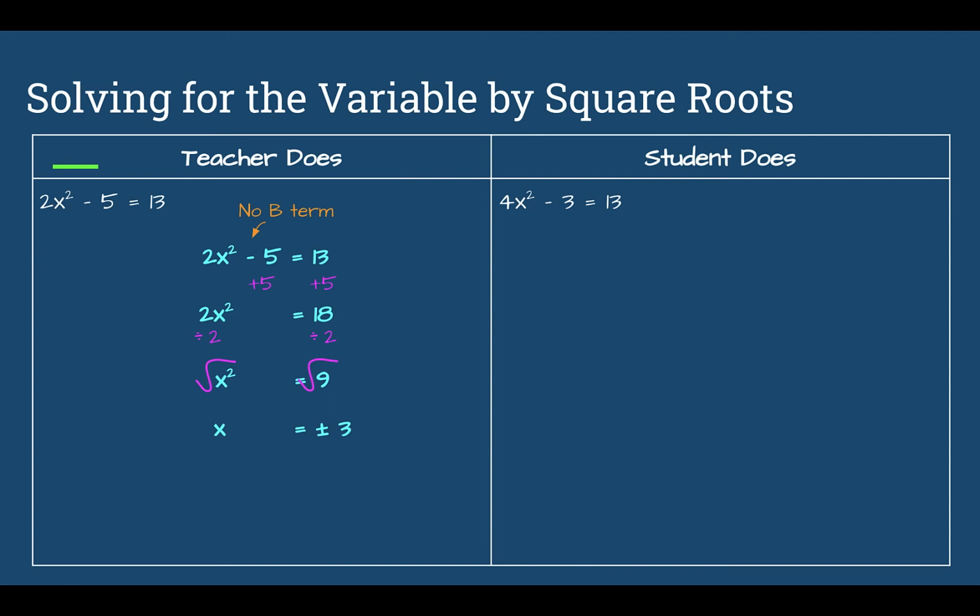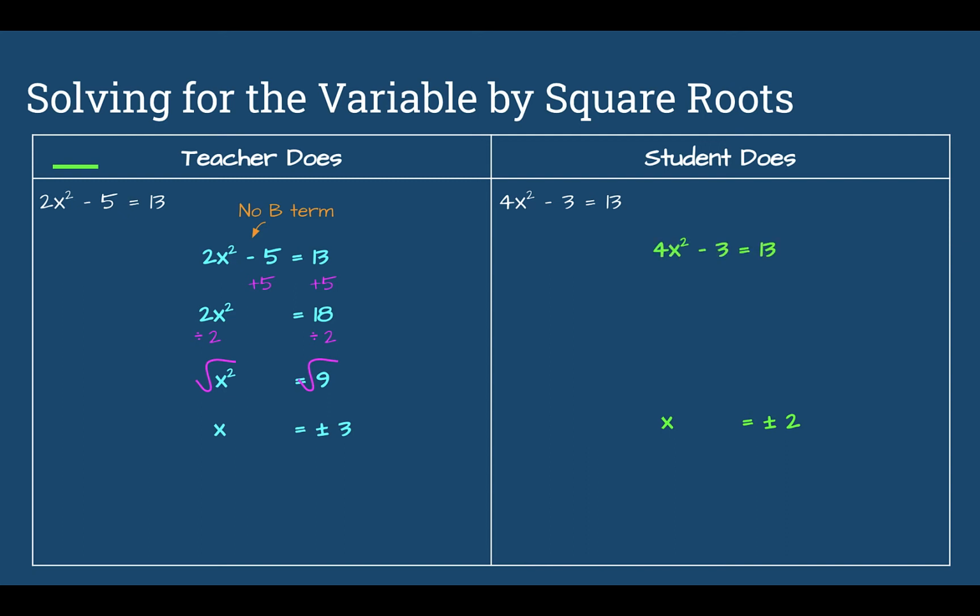Now it's your turn again. Pause the video. What values of x make this equation true? Let's check. You should have found x is equal to plus or minus 2. Here's how we get that.